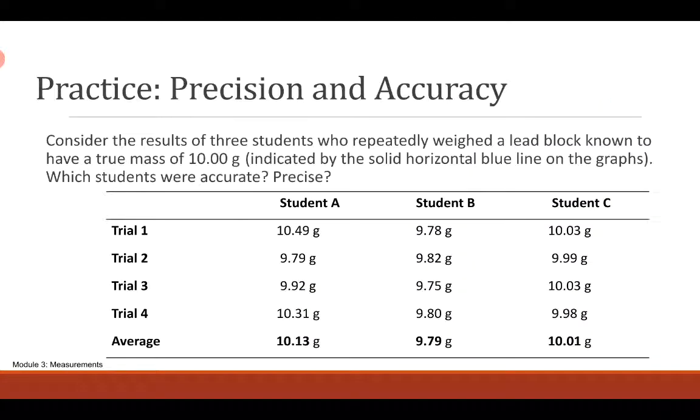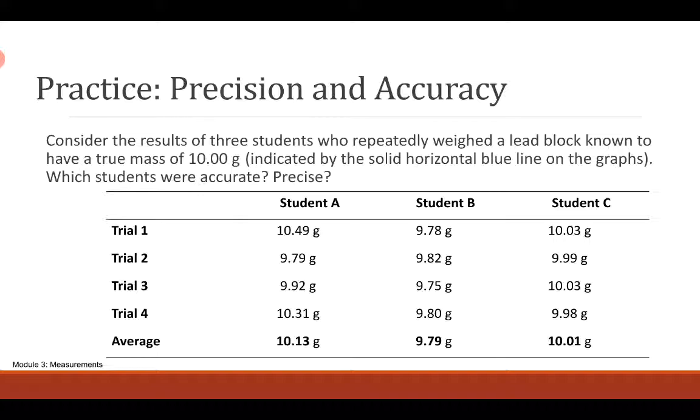Now, when we look at a set of data, we can try to decide whether the data is accurate or precise, or ideally accurate and precise. Below are sets of data for 3 different students who were trying to measure a lead block with a true mass of 10.00 grams.